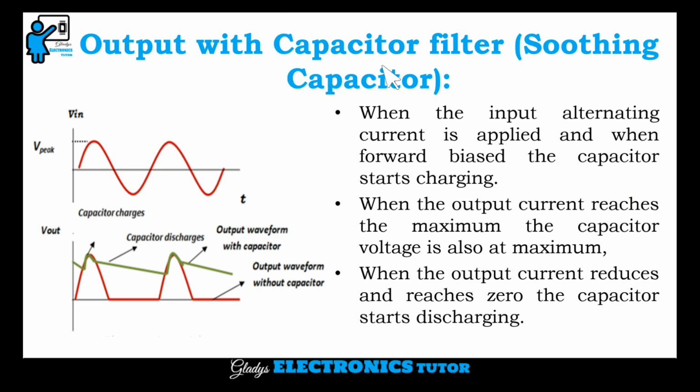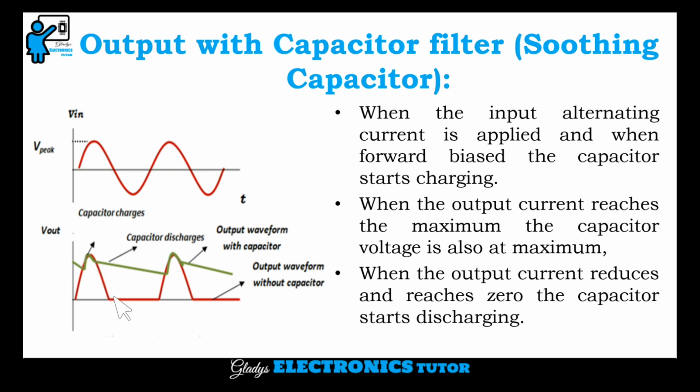So output with capacitor filter, with smoothing capacitor. So this is the AC input which we give. So when the input alternating current is applied and during forward bias, the capacitor starts charging. So when the output current reaches the maximum, the capacitor voltage is also at maximum.